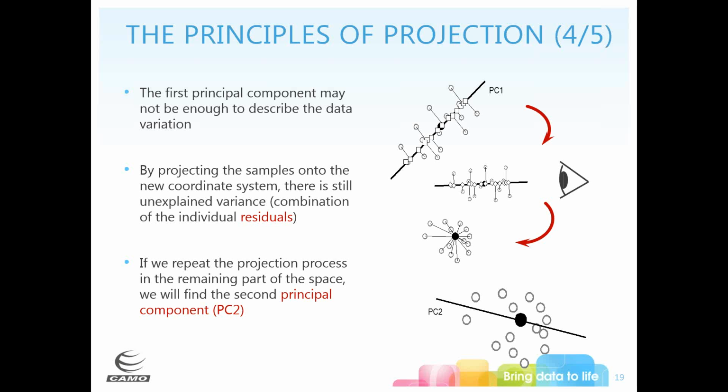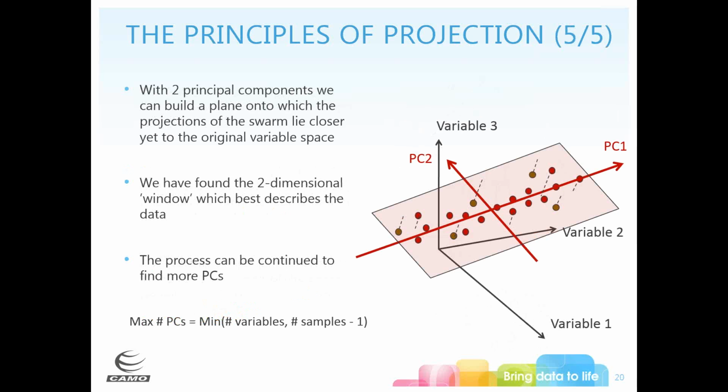You can continue that until all of your data has been explained. Once we have two principal components, we have this plane that describes our data, or a window that describes this data the best, and we can project these points into that new window of space.